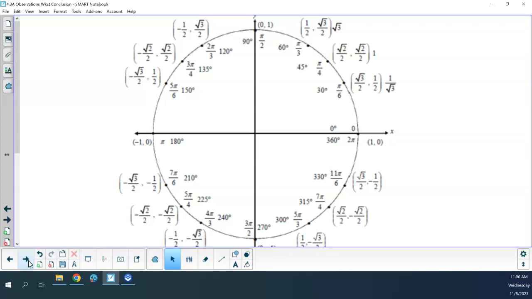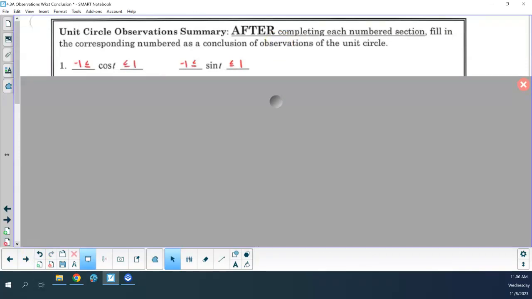We never go outside those values, because then we would be off the unit circle. Okay? So that was observation number 1, the front side of the actual packet. So number 1, you should have observed that we were in between -1 and +1.